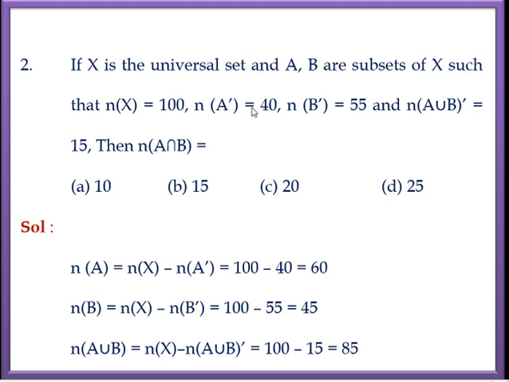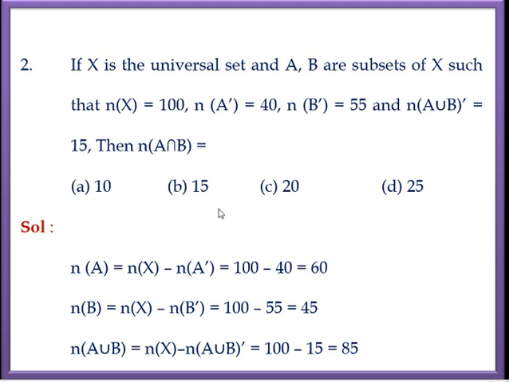If X is the universal set and A, B are subsets of X such that n of X equals 100, n of A' is 40, n of B' is 55 and n of (A union B)' is 15, then find n of A intersection B. If you know the rules, you can easily obtain the number, or the same can be solved easily by constructing a Venn diagram.